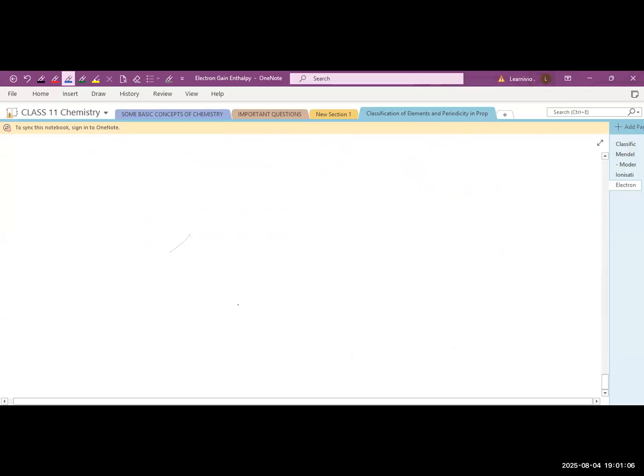So write down the heading. This is very important. So write down the heading: anomalous properties of second period elements.